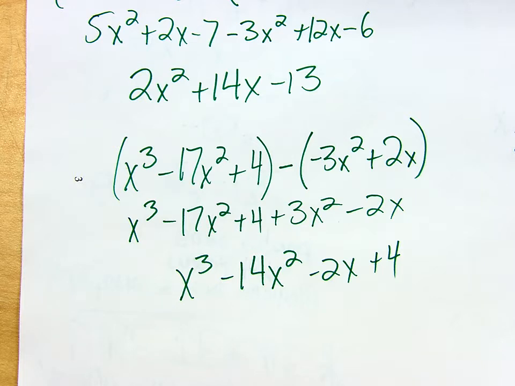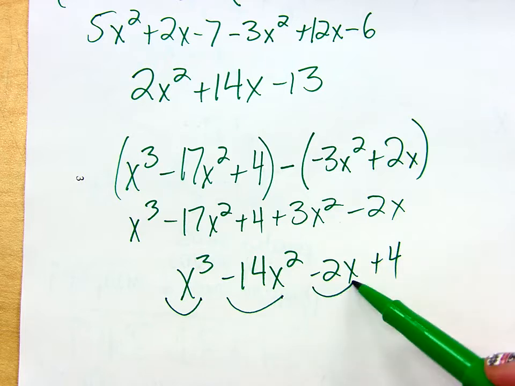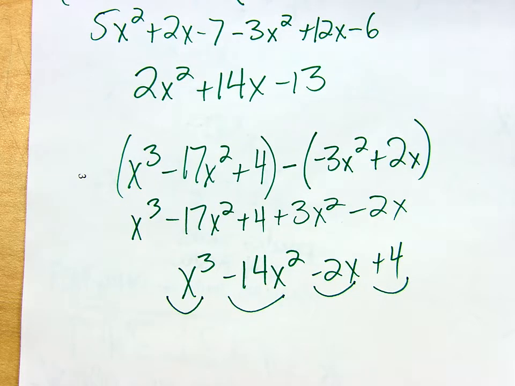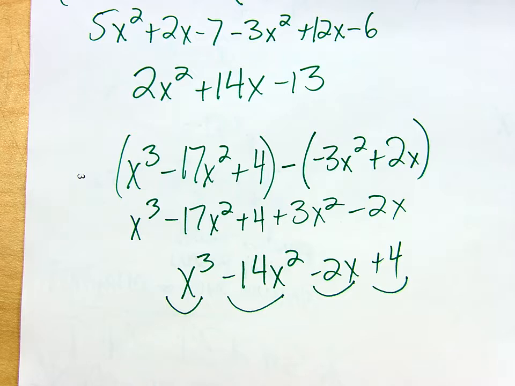Wait, why is it 4? Because you got 4 of these chunks. 1, 2, 3, 4. That's by degree. So the exponent is 3, so that's why it's cubic by degree. And then 4-term polynomial.